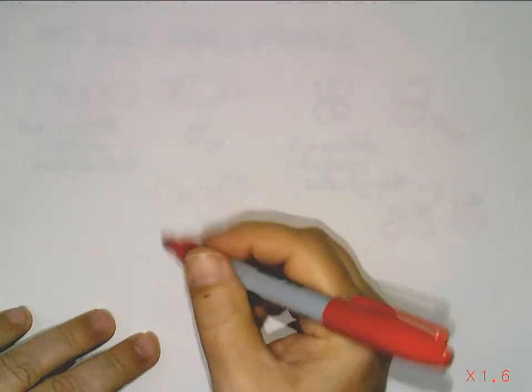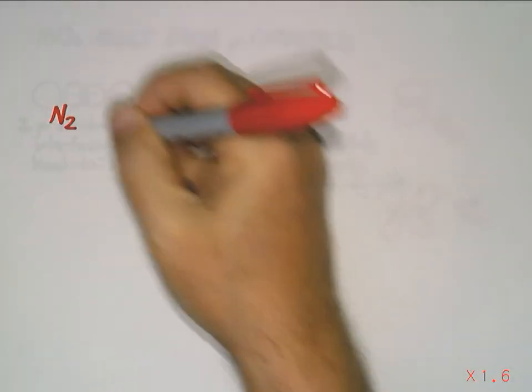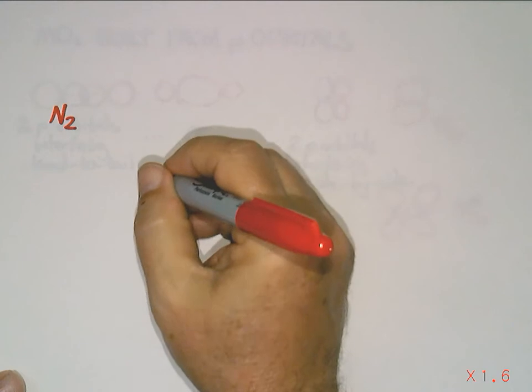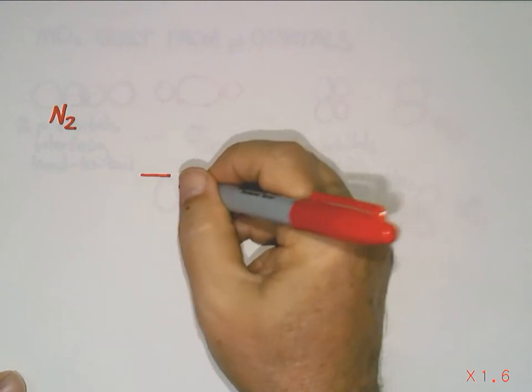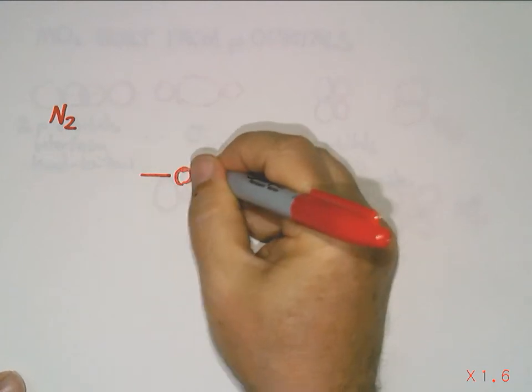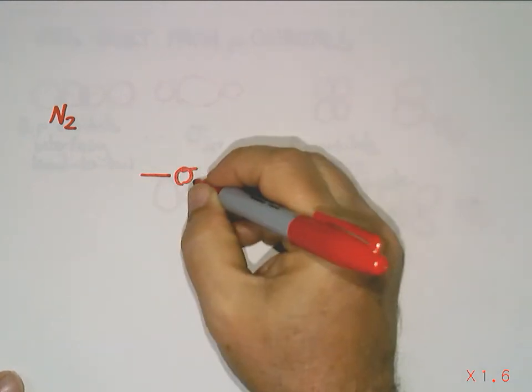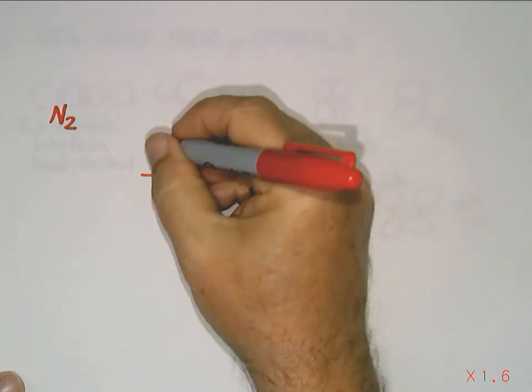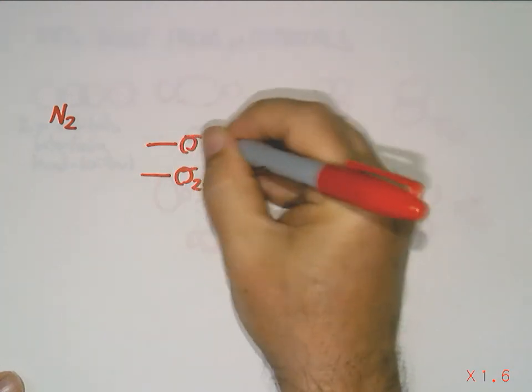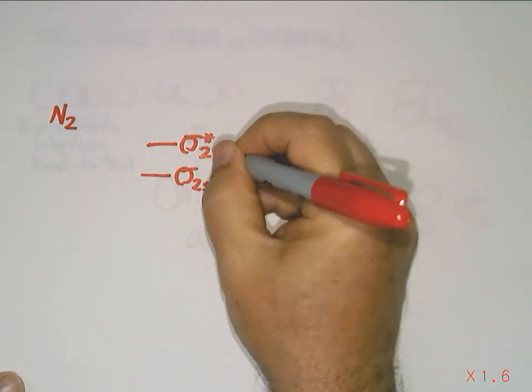Here is the molecular orbital diagram for N2. It looks like this. You have a sigma from your 2s and a sigma star from your 2s.